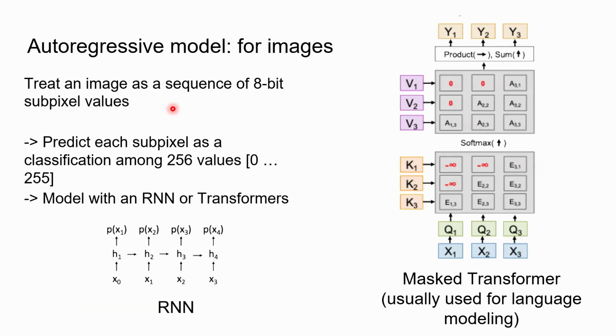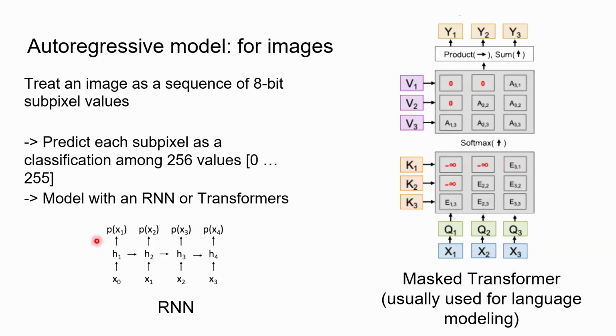So each pixel is represented by 3 values. The autoregressive model will predict each subpixel, classifying it amongst 256 values, from 0 to 255. Then we can model these using either a recurrent neural network or a transformer.